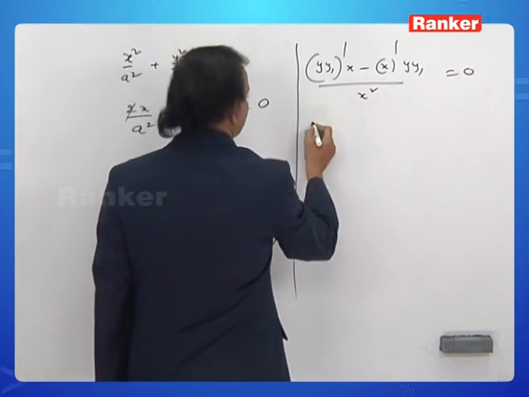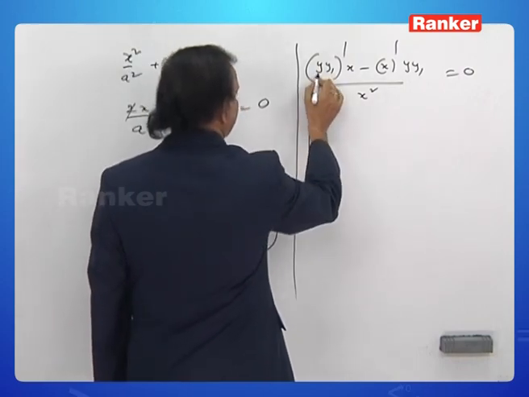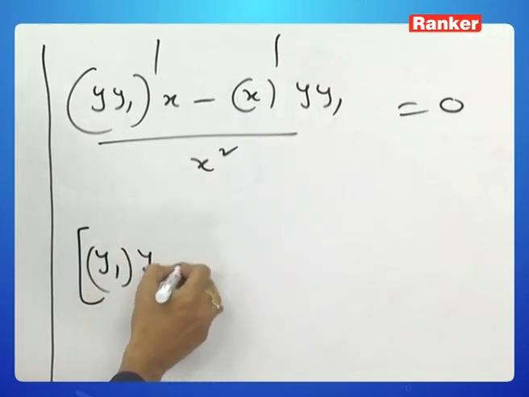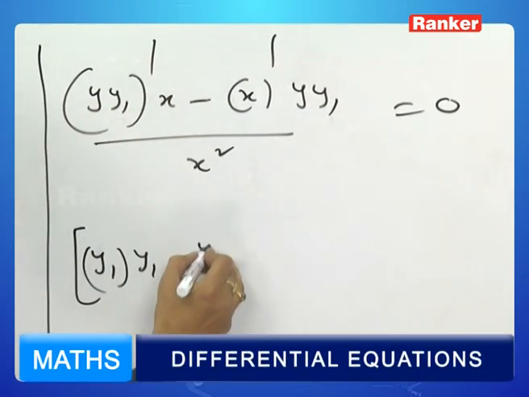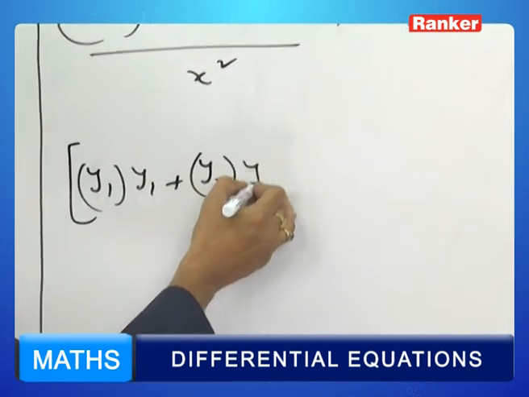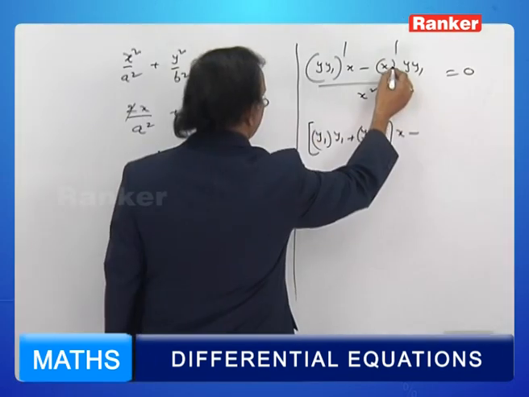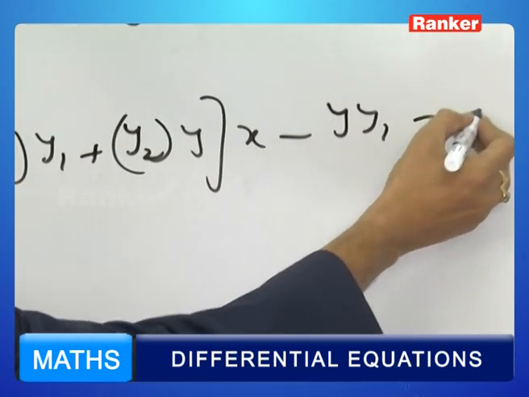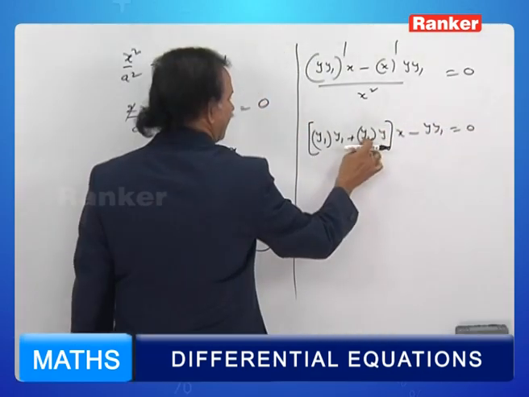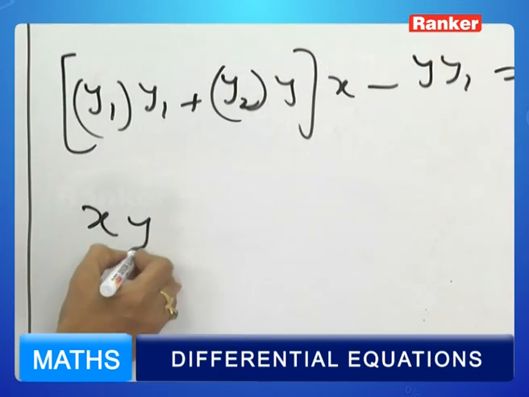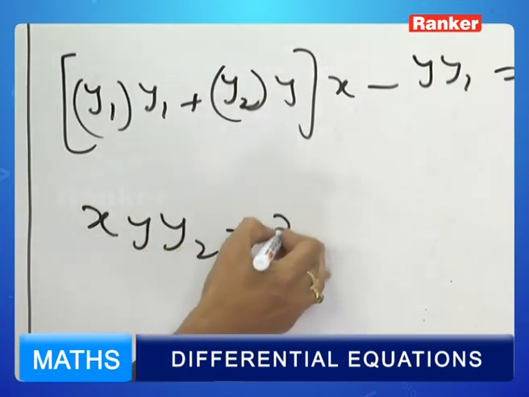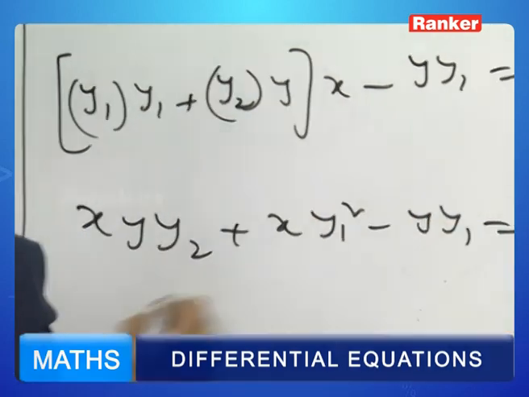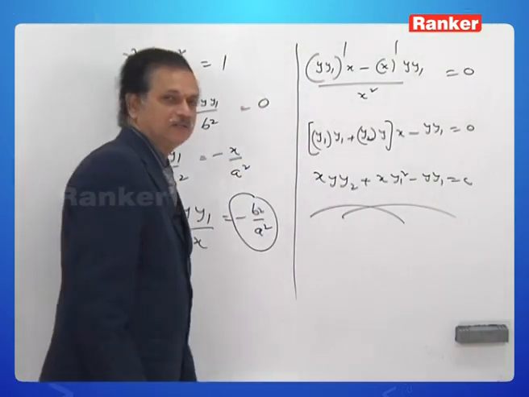What is the derivative of y1? u derivative into v, y1 into y1, plus v derivative into u, y2 into y into x, minus derivative of x is 1, y1 is therefore equal to 0. xy y2 plus xy1 square minus y1 is equal to 0 is the required equation.